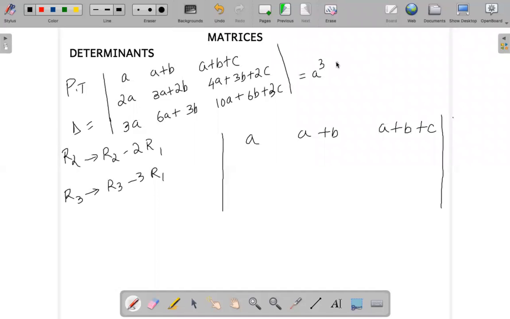So we will not be touching row 1. Let us see with respect to R2 and R3. After doing the row operations, we get this.